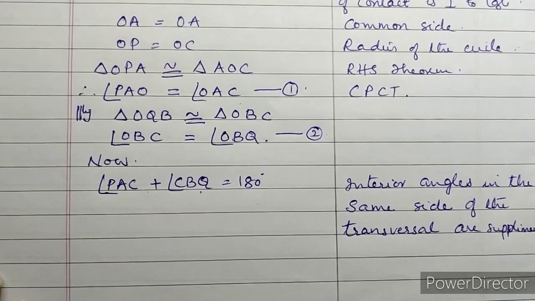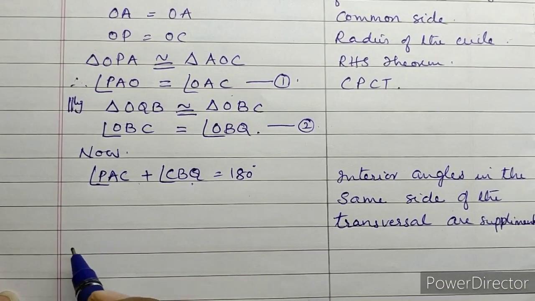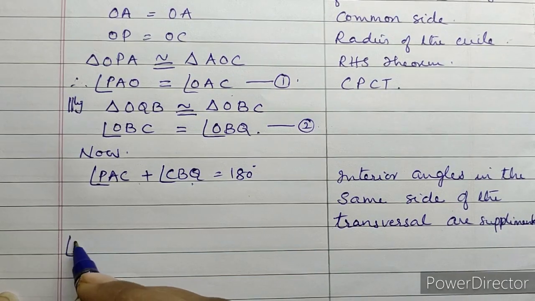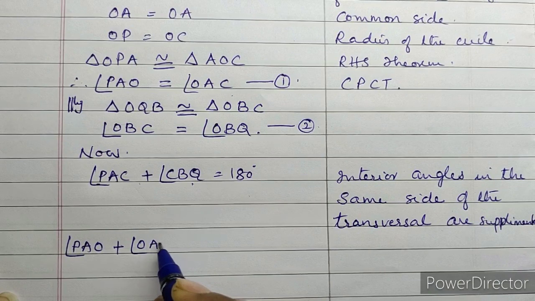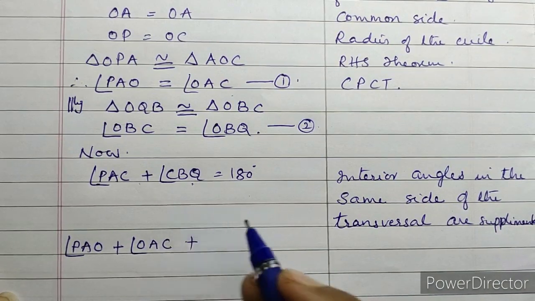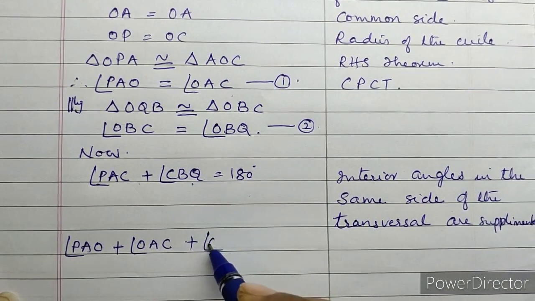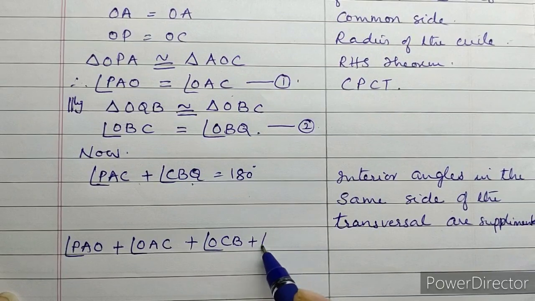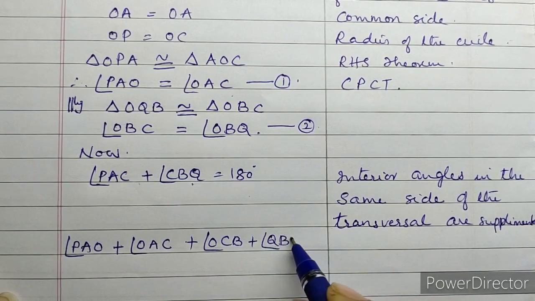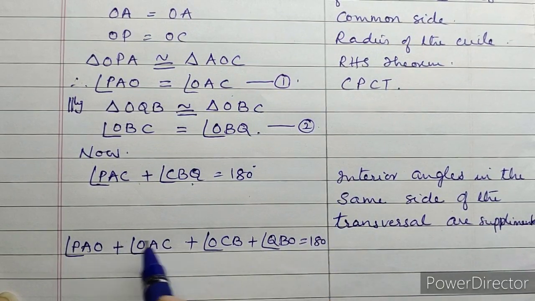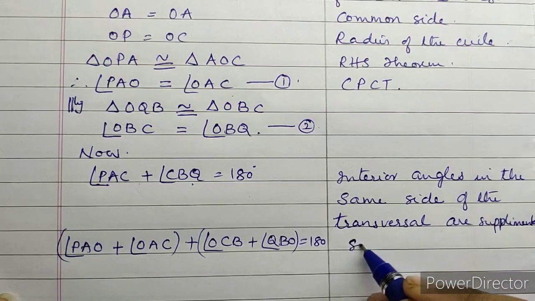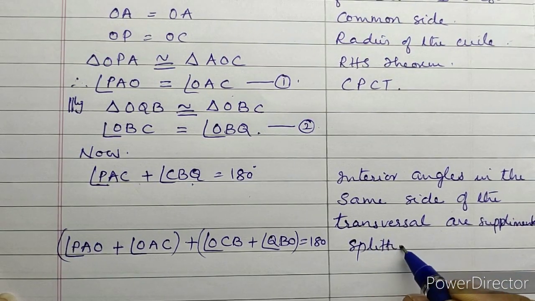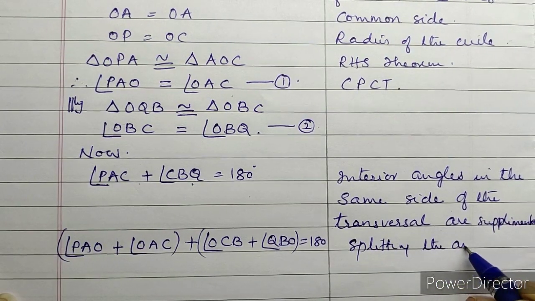Here we will write, instead of PAC, angle PAO plus angle OAC, and angle CBQ you can write as angle OBC plus angle QBO equals 180. So both are the same PAC, both are the same CBQ. You have split the angles.